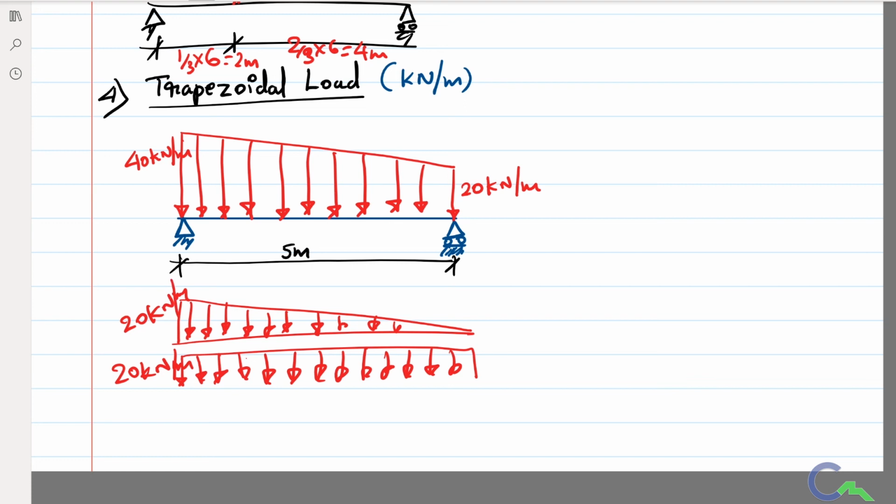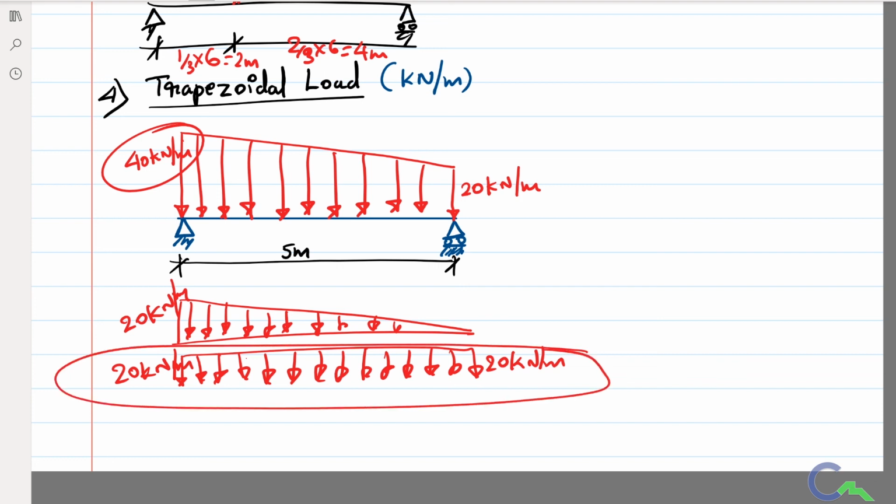So in total on this side it is 40 kilonewton, and here it is 20 kilonewton UDL. So the entire UDL is 20 kilonewton, then the UVL on one side is 20 kilonewton and on the other side 0. The conversion is the same: the UVL we convert into the area of the triangle, and the UDL we convert into load into length of the beam.